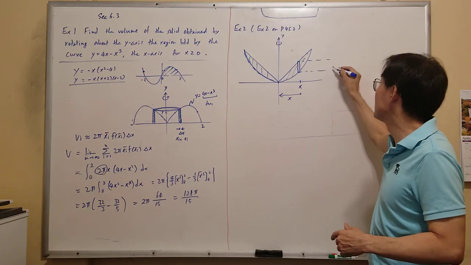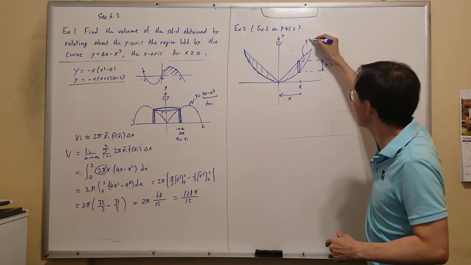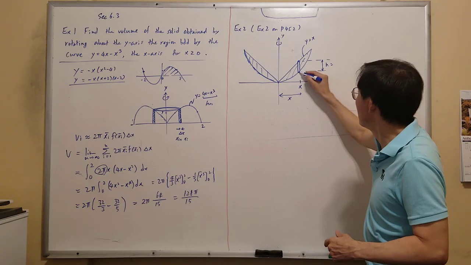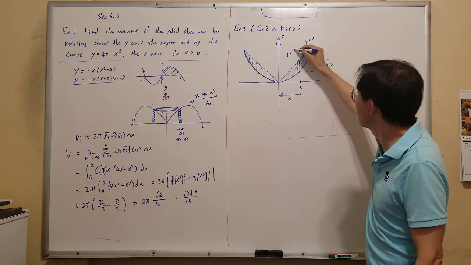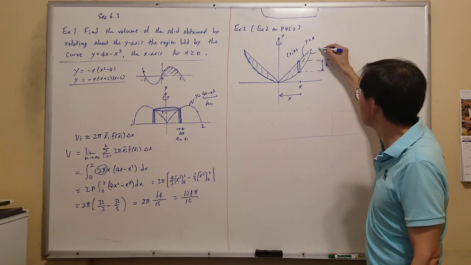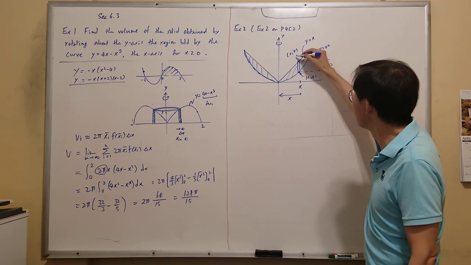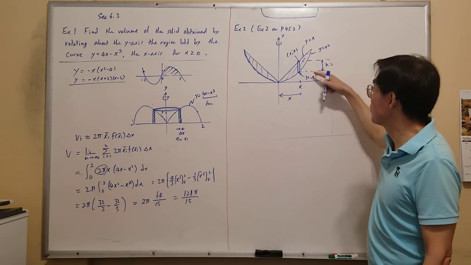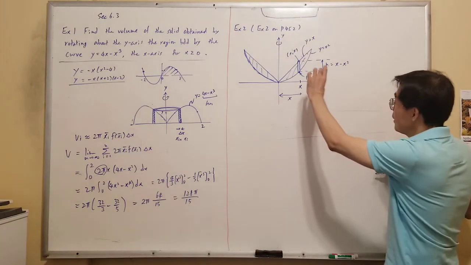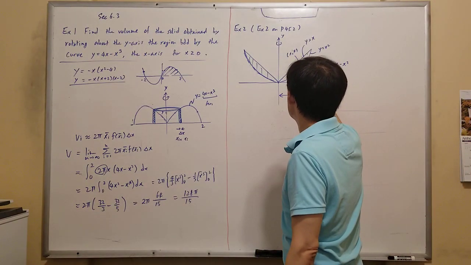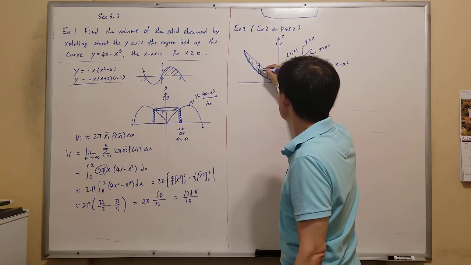Now, this time, for a given x, the height h is this upper function, my function value, minus my lowest function value. So this is x and x. This is y equals x squared. So this point is x squared. So this y coordinate minus this y coordinate, x minus x squared. Upper function minus lower function will be the height of this particular cylindrical shell, right?